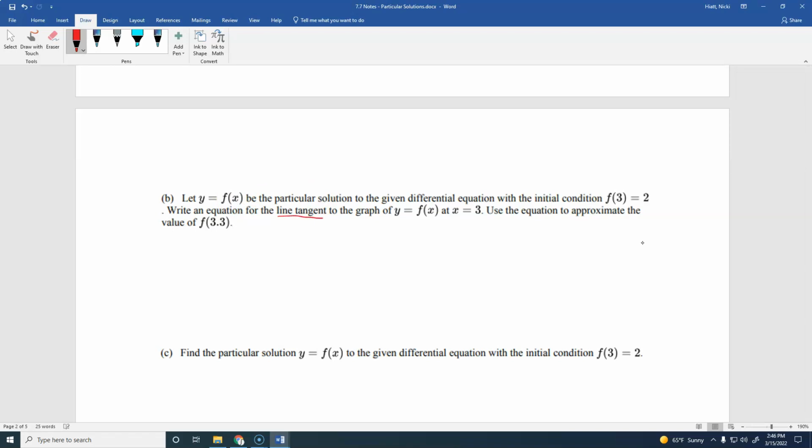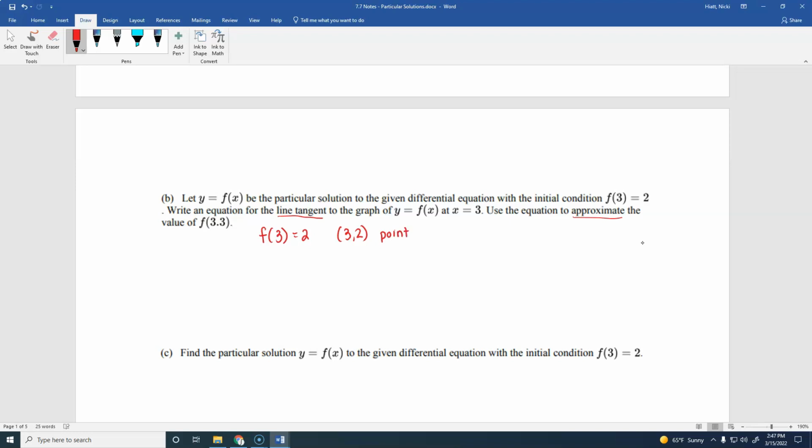Approximate. Tangent line, and then approximate using that tangent line. So you're actually not solving this differential equation on this step, right? They're telling you that this is the solution, but you're not solving it. Because they tell you f of 3 equals 2, that is your point of tangency.